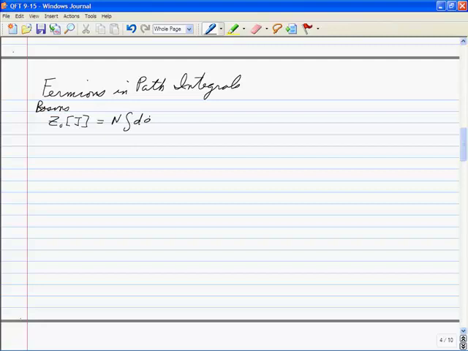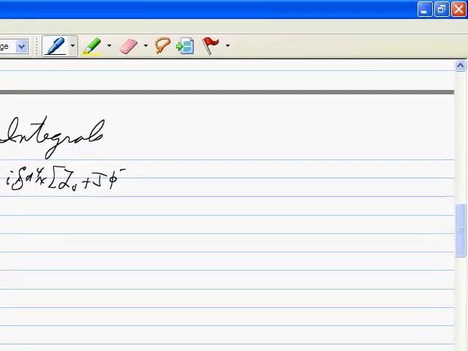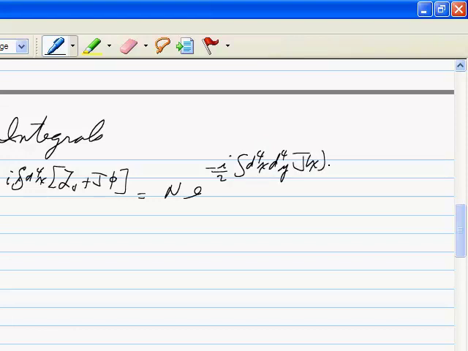So it's the integral d phi e to the I integral d4x, L0 plus j phi, and we do that path integral, and we end up with some number, e to the minus I over 2 integral d4x d4y j of x Feynman propagator of x minus y j of y. Okay. And then we use this to develop all the perturbation theory.